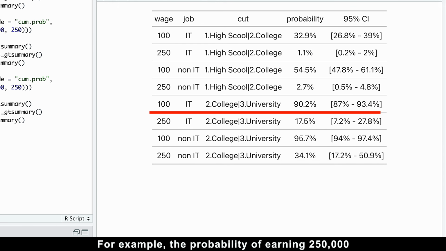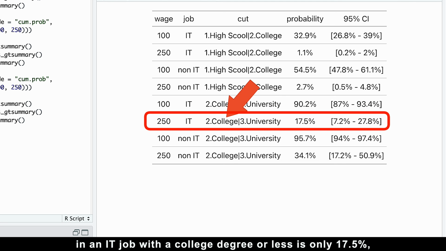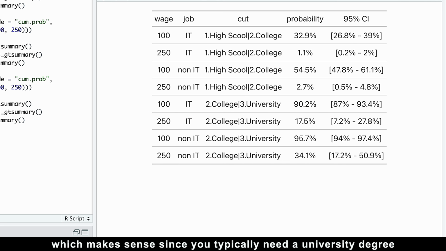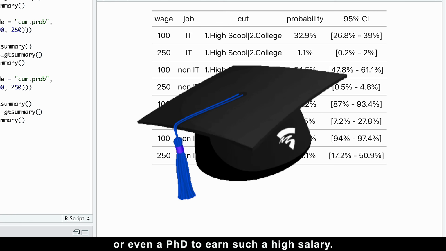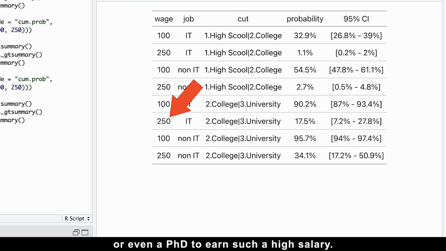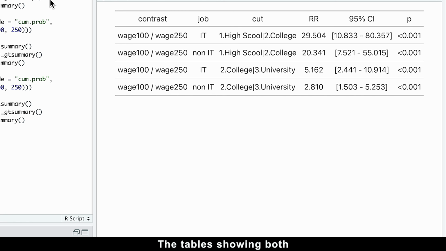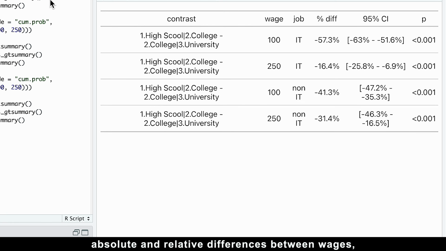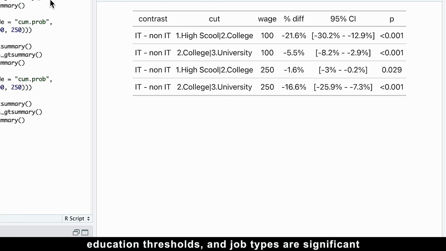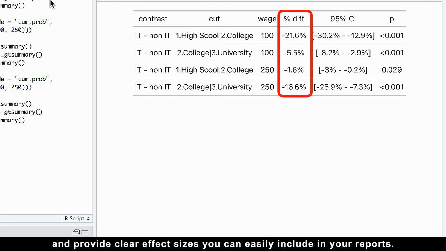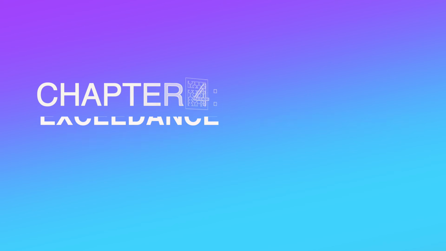For example, the probability of earning 250,000 in an IT job with a college degree or less is only 17.5%, which makes sense since you typically need a university degree or even a PhD to earn such a high salary. The tables showing both absolute and relative differences between wages, education thresholds, and job types are significant and provide clear effect sizes you can easily include in your reports.